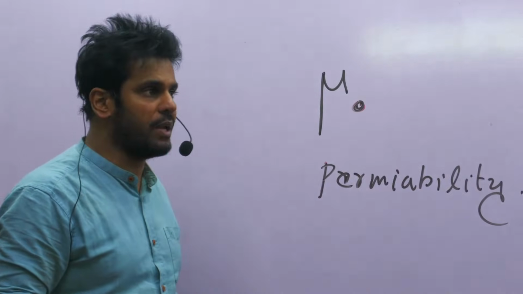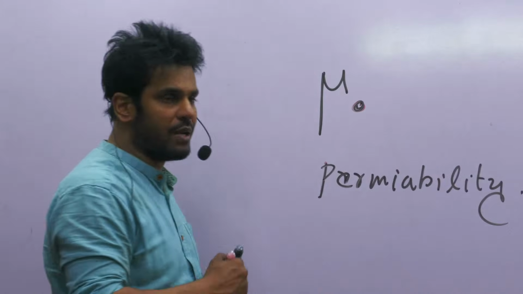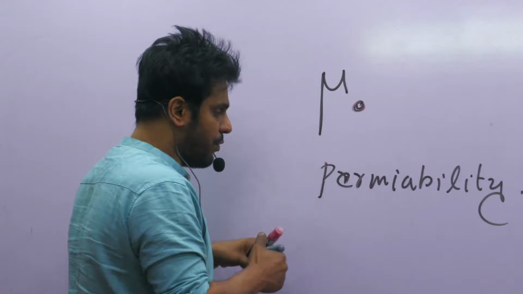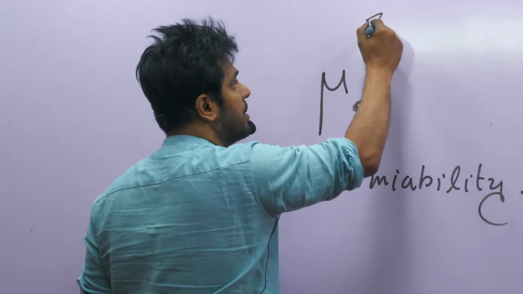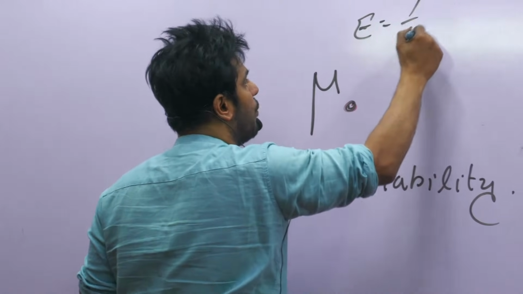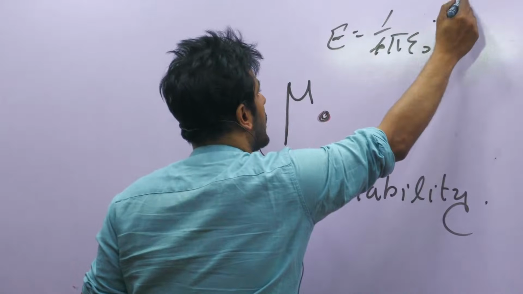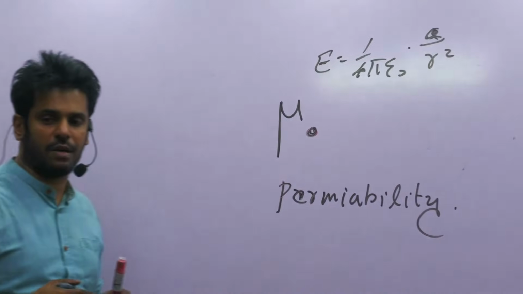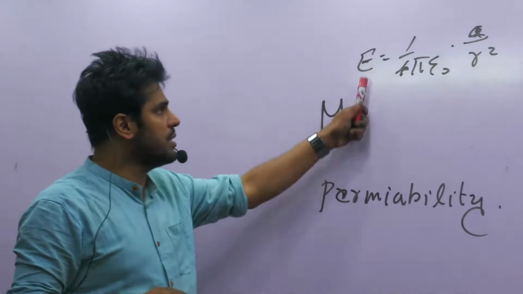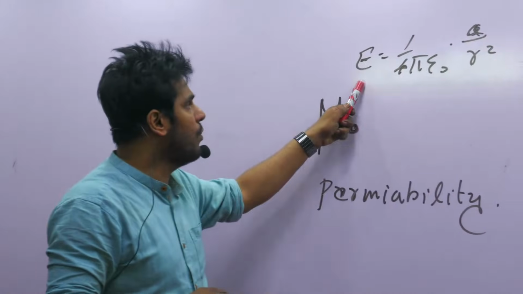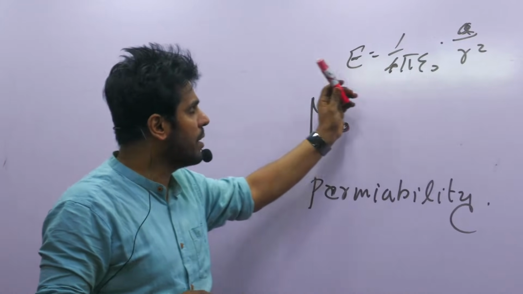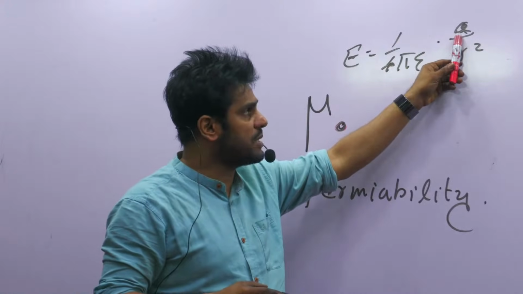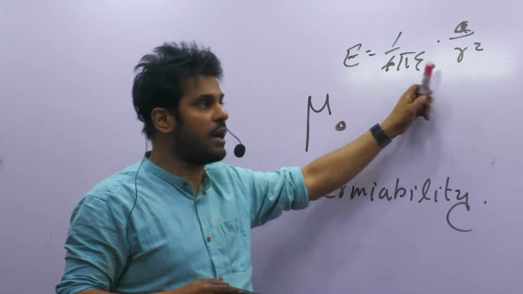For example, in the electric field lesson you have done this one: the electric field is written as 1 over 4 pi epsilon naught, q divided by r squared. This is the general expression for the electric field by a static charge q at distance r.